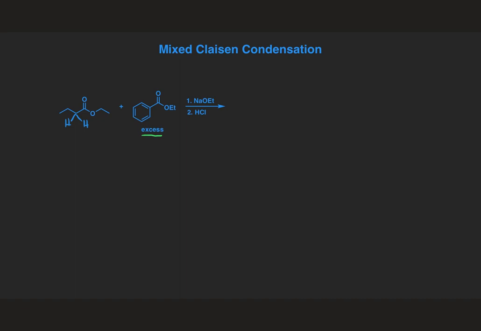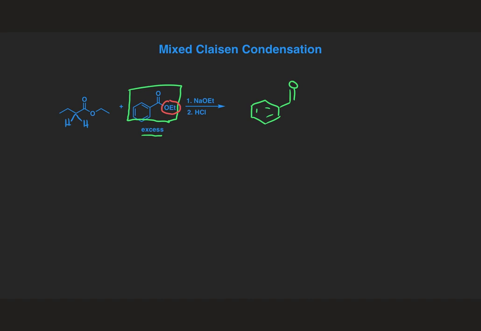When I'm predicting the products here, I'm going to use a slightly different algorithm. And so I am going to draw the electrophile without its leaving group first. Just like that.